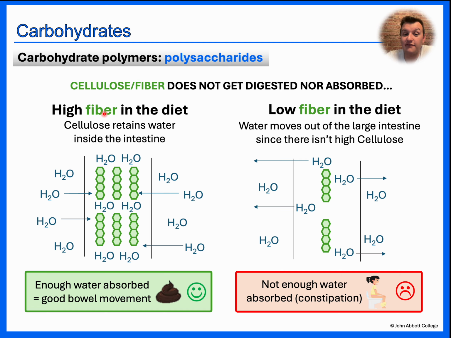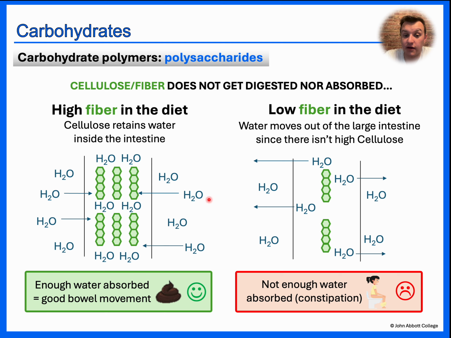That's because if you have a high fiber diet, then you will have a lot of these fibers in your large intestine. And actually, this is called osmosis. Water flows towards places where there's a lot of these solutes, where there's a lot of these fibers, right? So these cellulose will retain water.